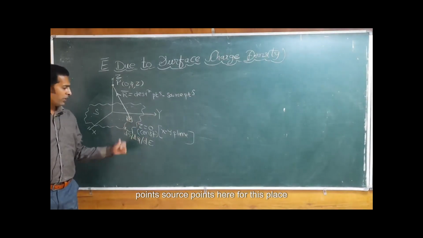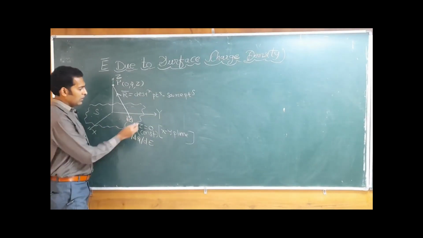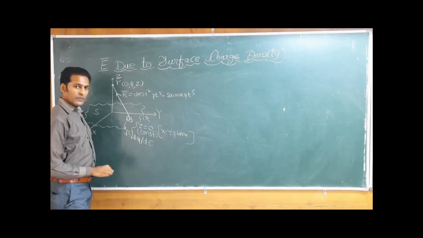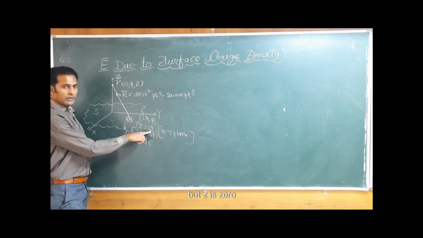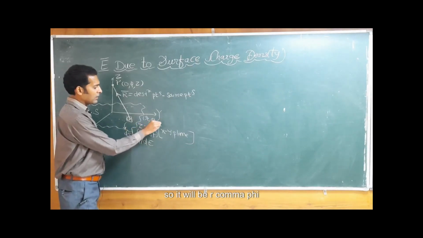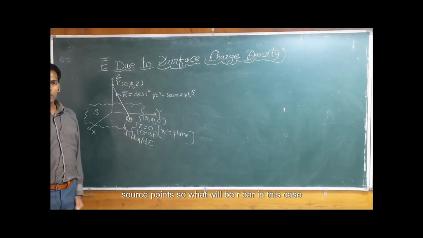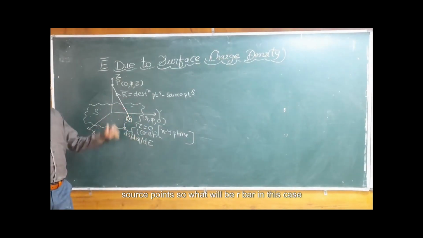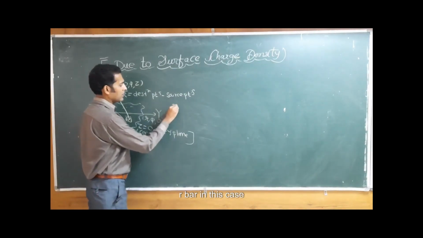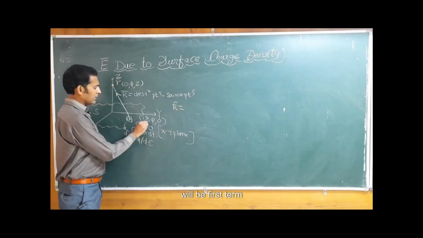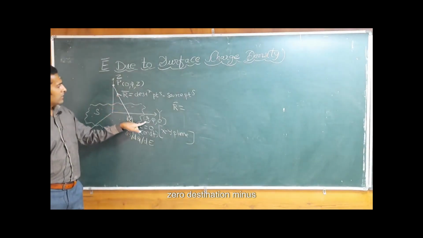So what are the source points? For the source point, there will be radius r, there will be some angle phi, but z is 0 here. So it will be r comma phi comma 0. These are our source points. So what will be r bar in this case? R bar in this case will be, first term, say 0, destination minus source.